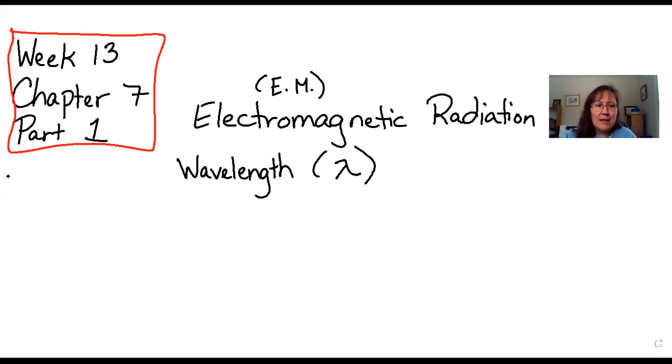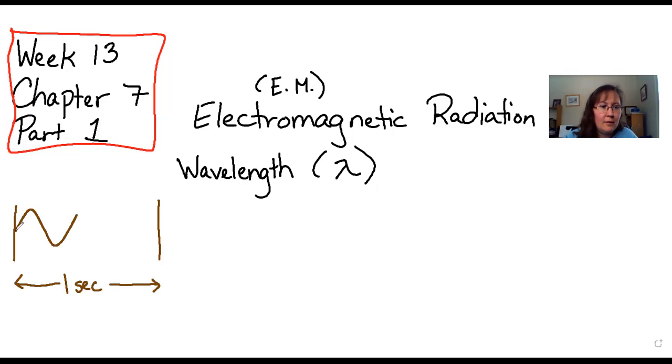And the wavelength is the distance. Let me go ahead and show a little bit here. So let's imagine that we have an interval, and this interval occurs in 1 second. And in this interval we have these waves.